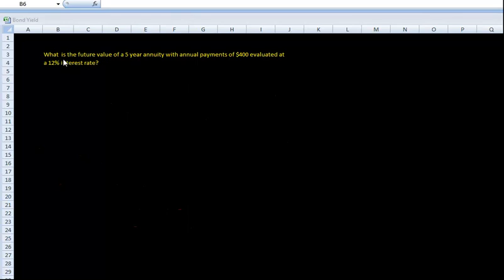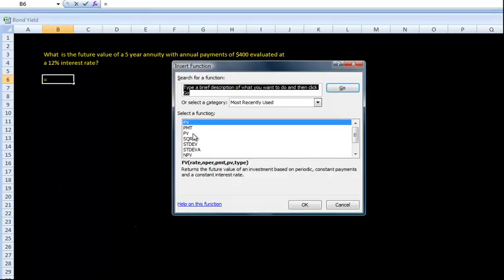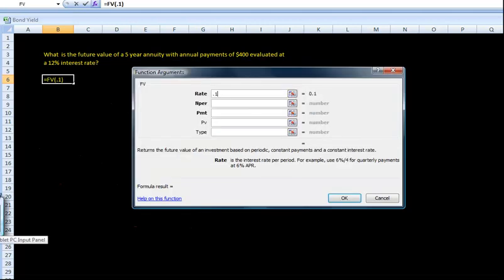It's asking us what is the future value of a 5-year annuity with annual payments of $400 evaluated at a 12% interest rate. So if we open up a function box and find our future value function, we can put in our rate, and we know this is going to be a 5-year annuity, so we can put that in here, and our payments are going to be $400.